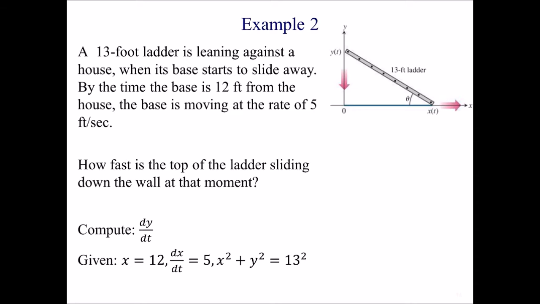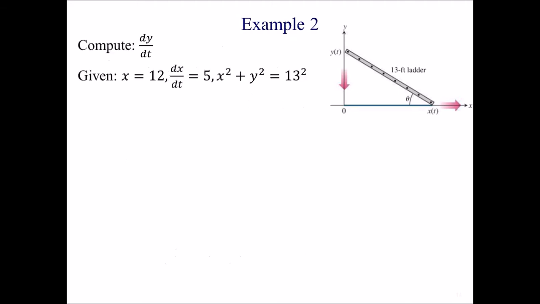And this is the Pythagorean theorem, with x representing the horizontal distance, y representing the vertical distance, and a hypotenuse of 13 feet. So using our x squared plus y squared equals 13 squared, we're going to take derivatives. We're interested in isolating dy/dt.